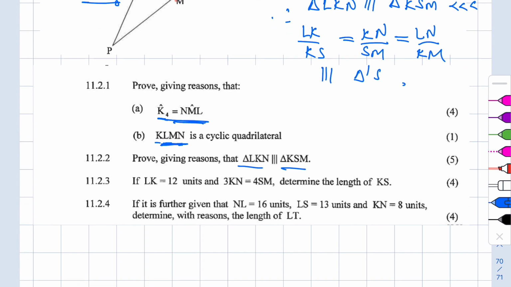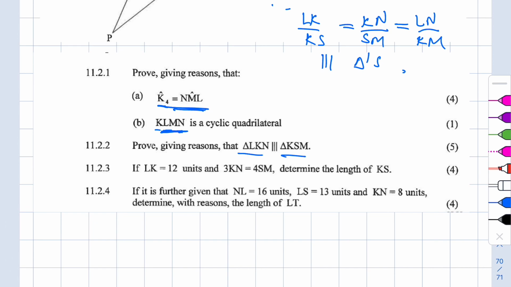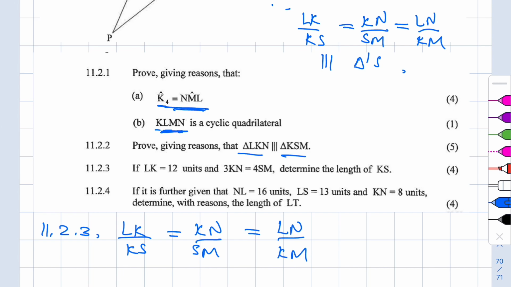Then the next question now, 11.2.3. If LK is 12 and 3KN is equal to 4SM, determine the length of KS. So again, we go to that ratio: LK over KS equals KN over SM equals LN over KM.